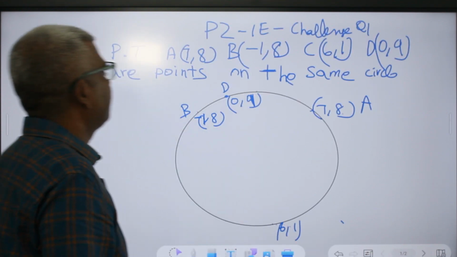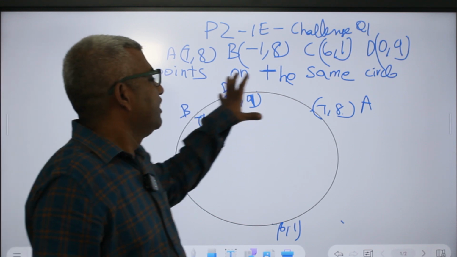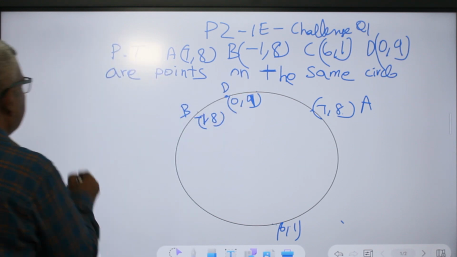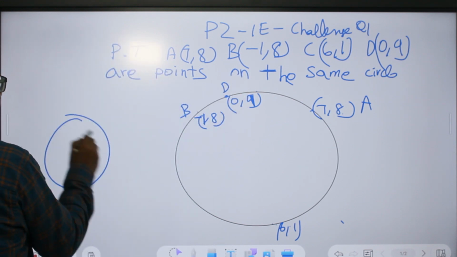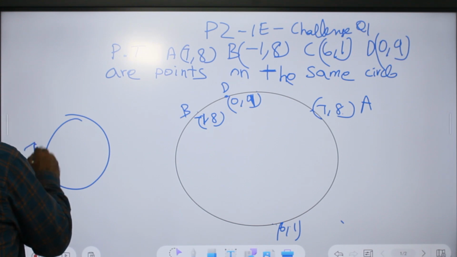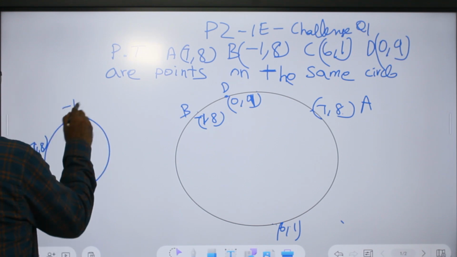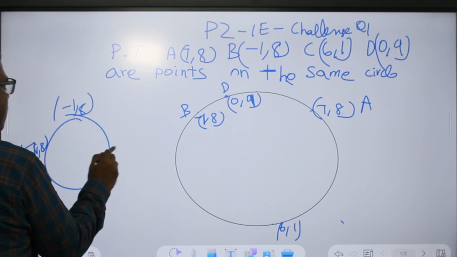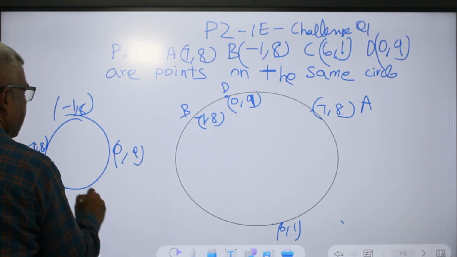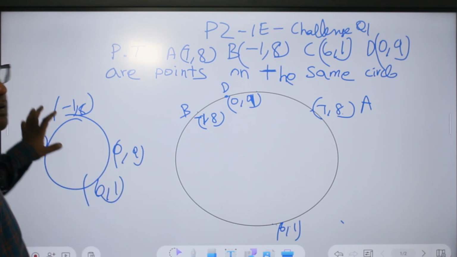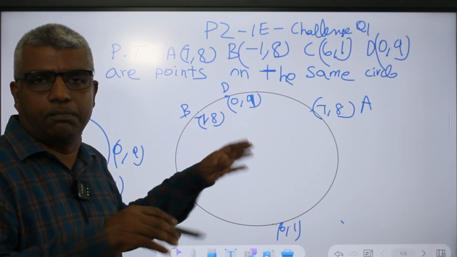But here, as I said, don't plot the points precisely. A is (7,8), B is (-1,8), D is (0,9), C is (6,1).